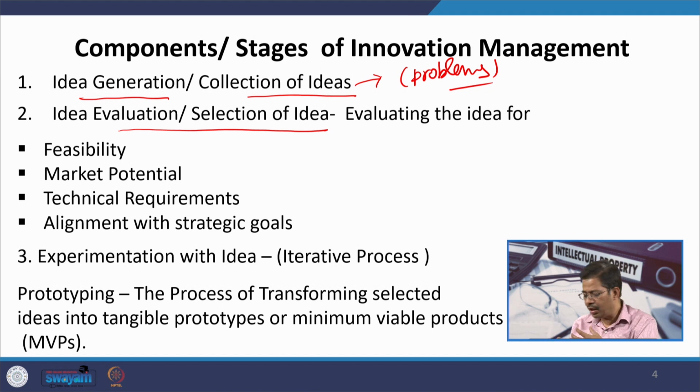There may be somebody who will start innovating around this particular pen only, and there may be a different set of persons who may start thinking of an altogether new solution. They may think, can I have a small writing aid on my fingertip, and use my fingertip for writing?